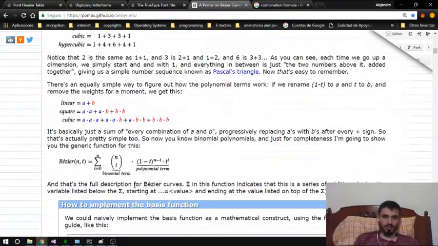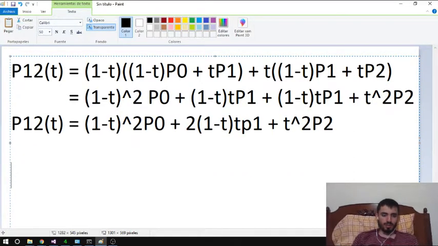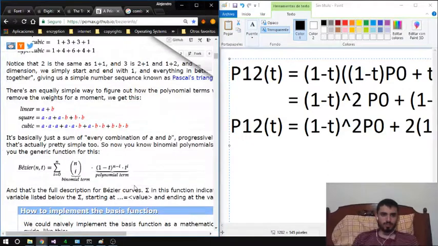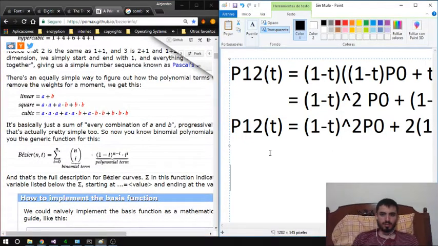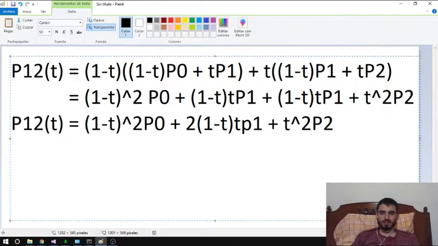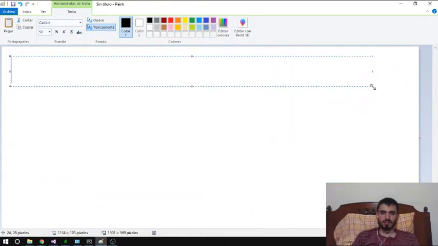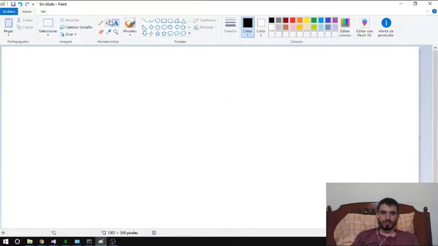For example, we can solve it. I go back here and try to solve it here. Let me do it a little bit differently.